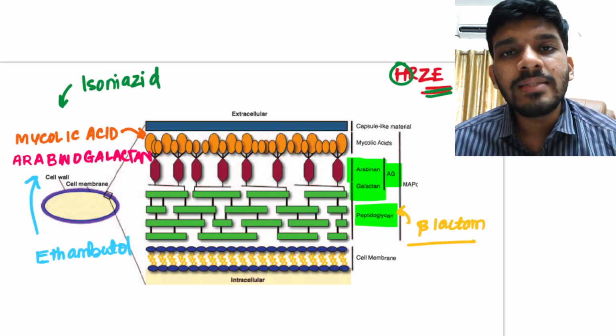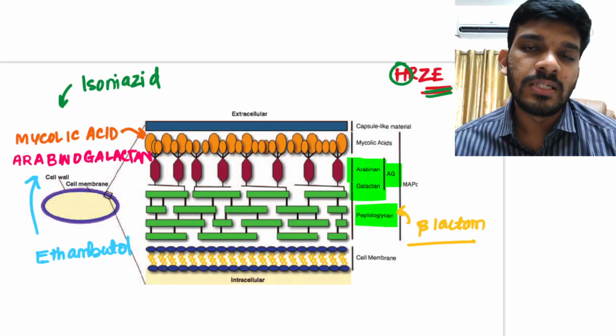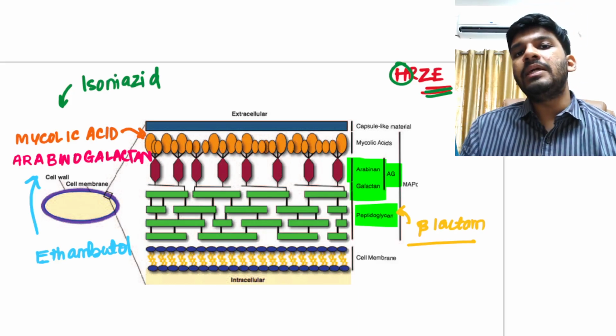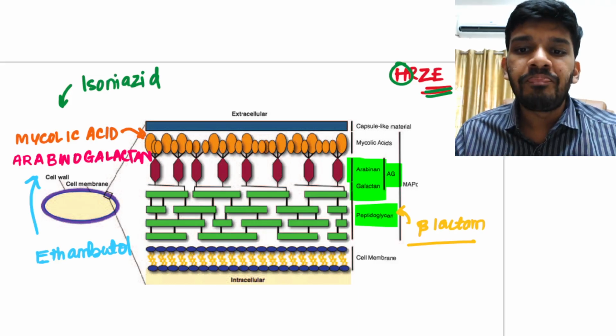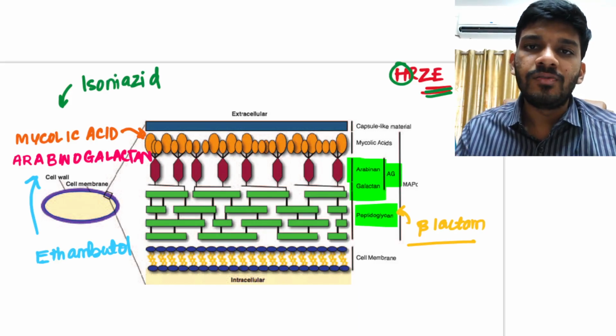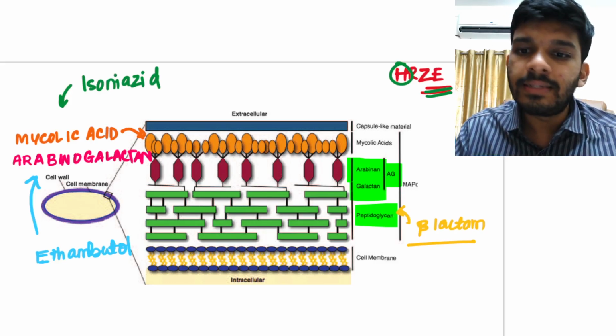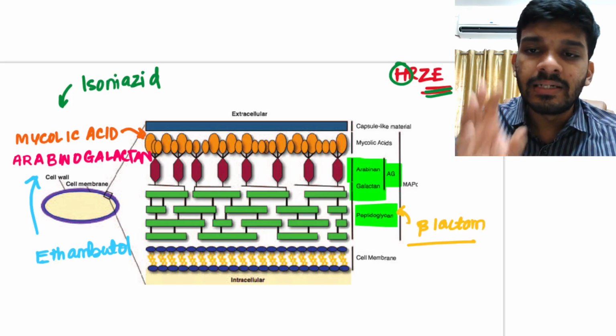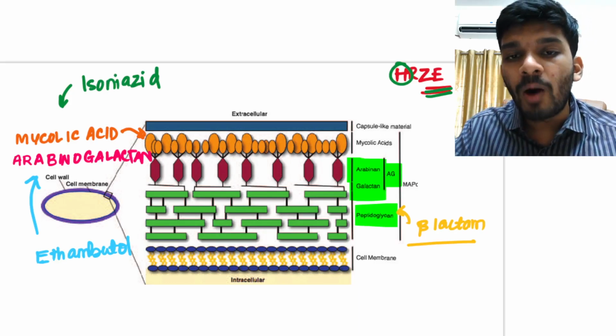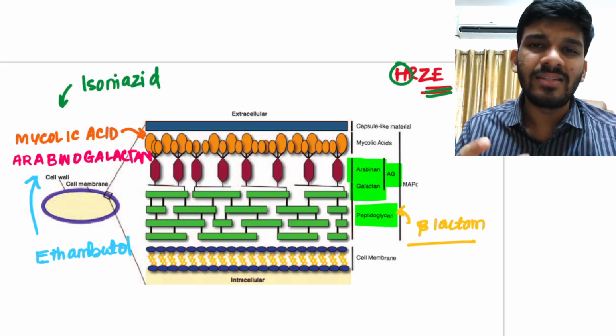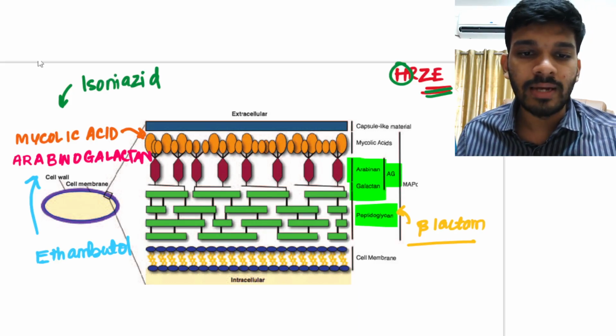So Mycobacterium tuberculosis is almost wrapped in a layer of fat. Therefore all your antibiotics which are water soluble, the enzymes of the host which come to try to destroy it, and even things like detergents, are bounced off. That is why it is a very resistant organism. That is why it is a very difficult to treat organism.